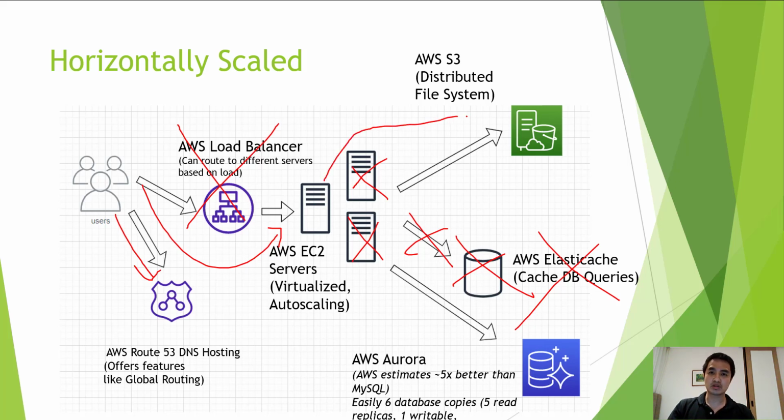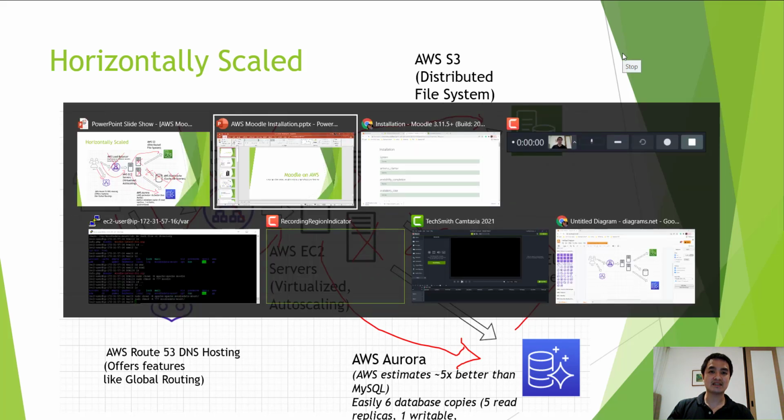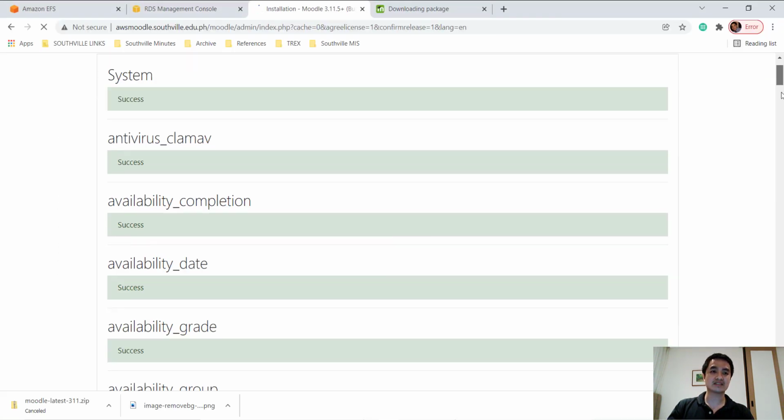The files of Moodle are actually kept now on AWS S3, and the database is not on the local server, it's on AWS Aurora. So this is kind of like we're halfway to a full horizontally scaling system. Alrighty, so that's it. At least we could see with our system everything.